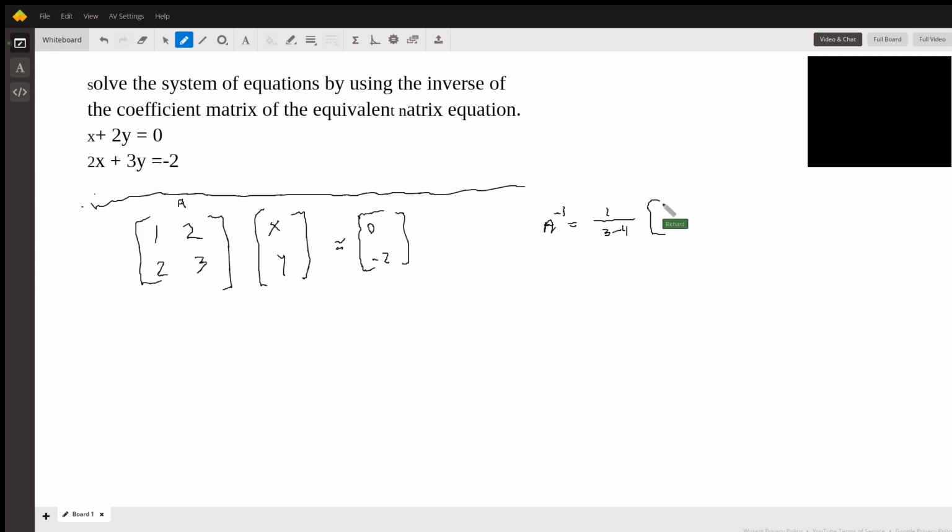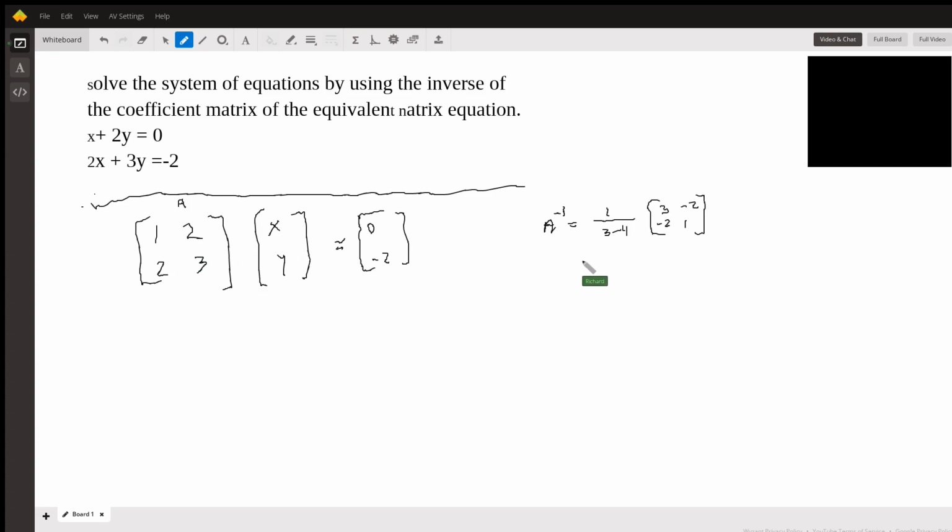So you just swap them here, and then the 2s stay as is. They're negated, but they don't move. Okay, so the 3 and the 1 get swapped, and the 2s are negated.